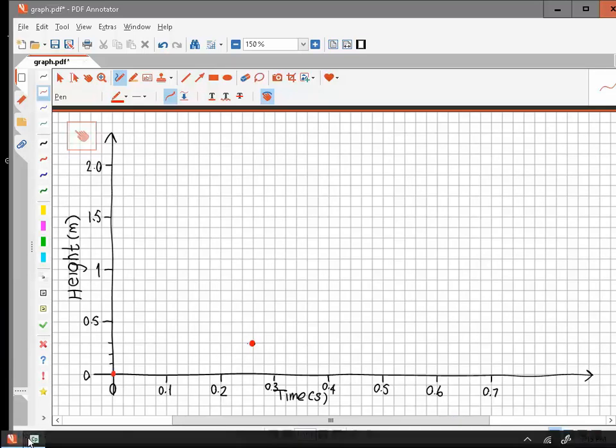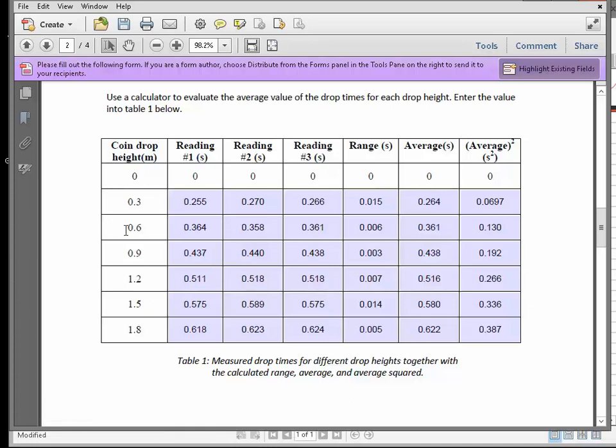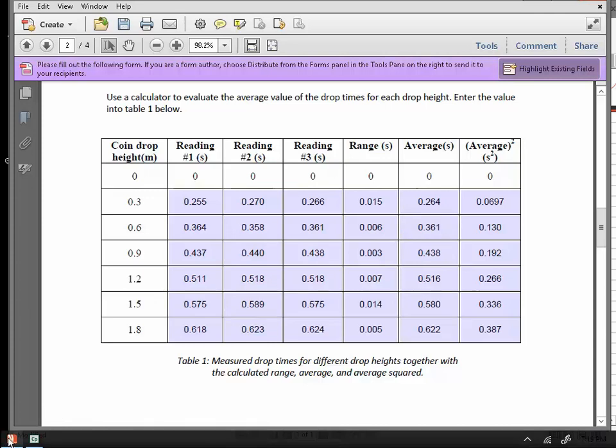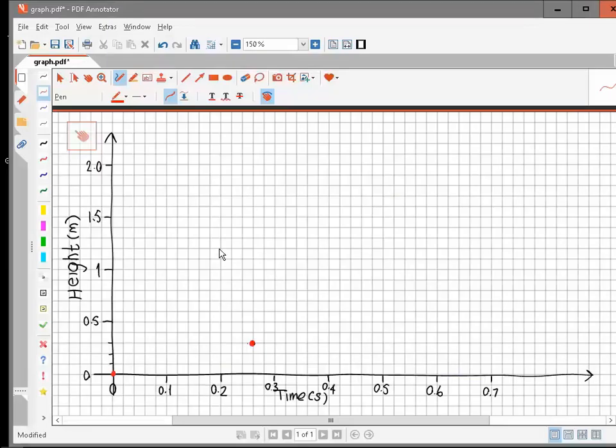Our third data point is 0.6 and 0.36. Again, I'm forgetting about the 1 at the end for the purposes of plotting the graph. So this is 0.6 and 0.36.